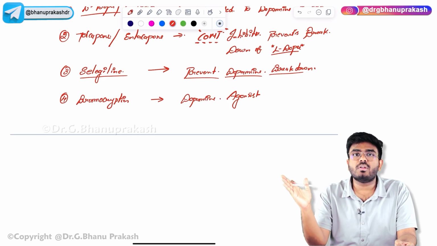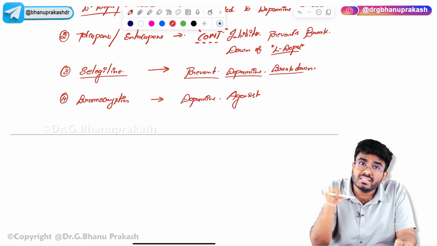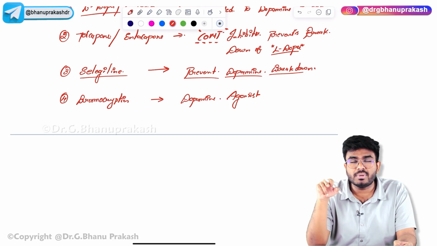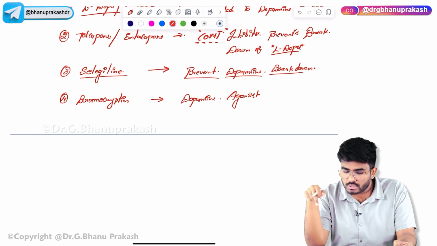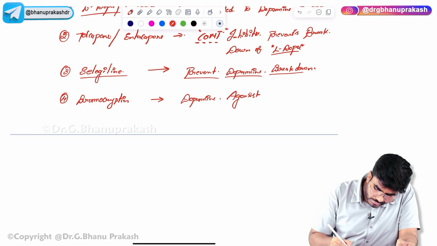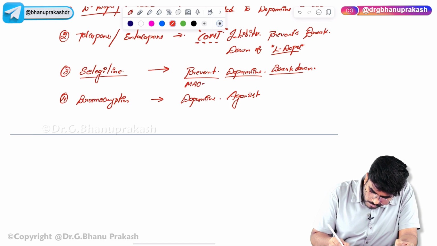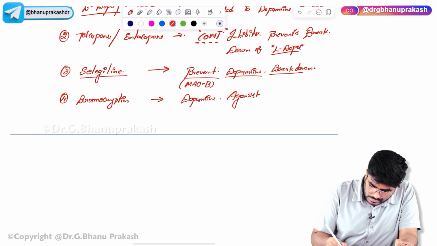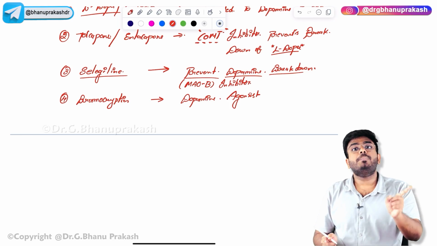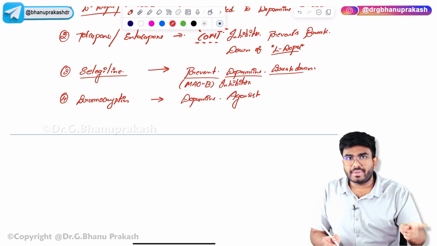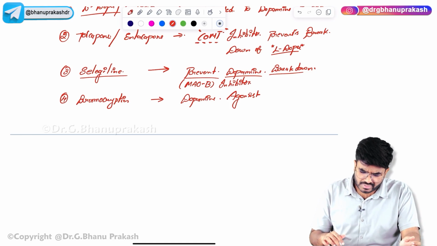You have to inhibit the MAO, especially MAO-B. Selegiline is a MAO-B inhibitor. By inhibiting MAO-B, it prevents the breakdown of dopamine. Again, I will explain this, don't worry.